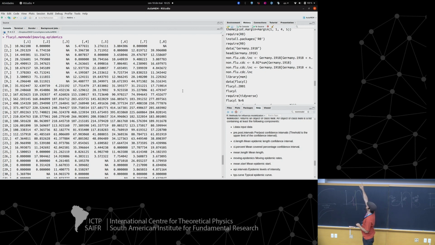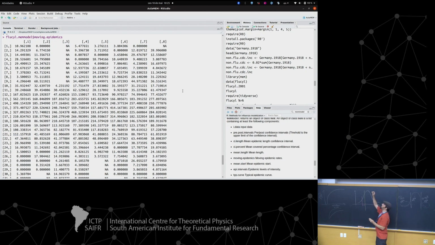The fact that it has a lot of NAs is because, well, if I move this season to the right, if I move it 3 weeks, for instance, what will be the value of the first 3 weeks of this shifted season? I have no idea. It's NA. This is why it's NA, okay? Because there's no observation associated.